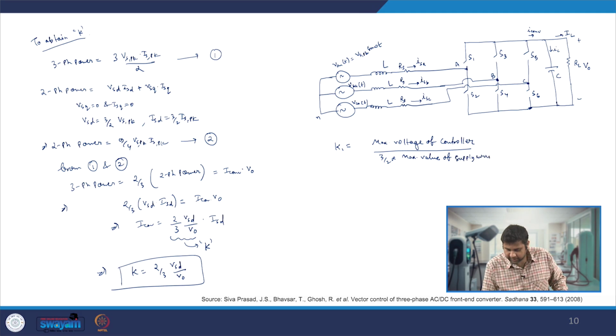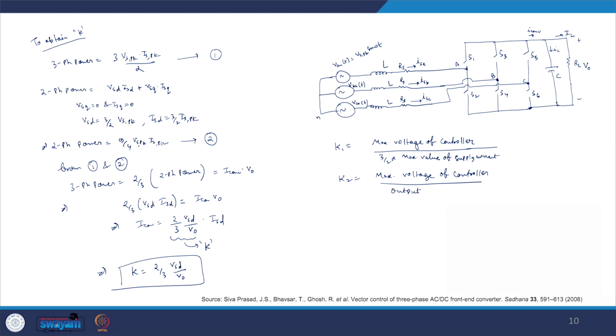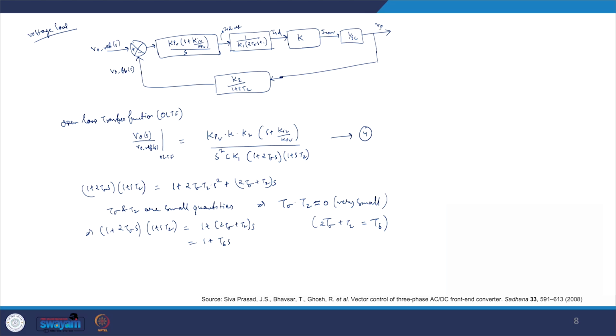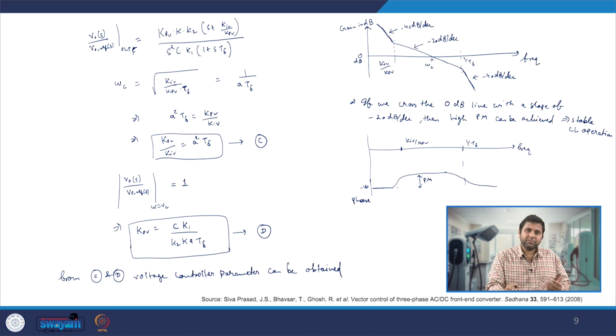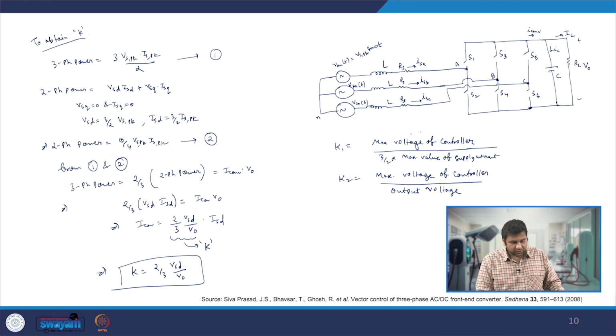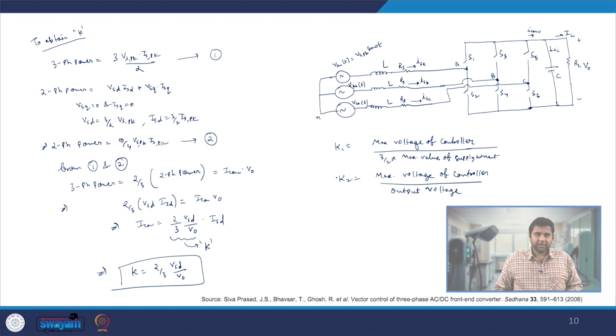That means if Is peak is let's say 20 ampere, then it is 3 by 2 times of 20 ampere. Similarly, K2 is nothing but maximum voltage of controller divided by output voltage. Let's say if here we have 400 volt and here we are giving 1 volt, as 1 volt corresponds to 400 volt, then our K2 value will be nothing but 1 by 400. Similarly for the case of current as well. This is how we can obtain the K1 and K2 value.